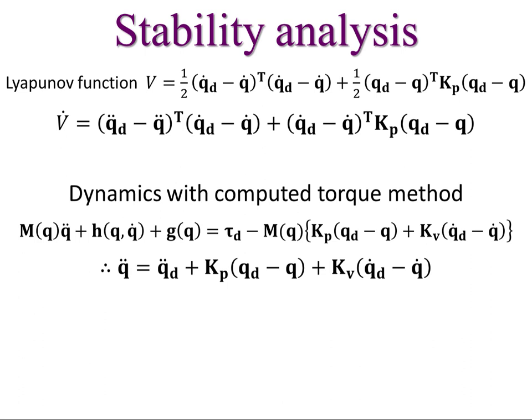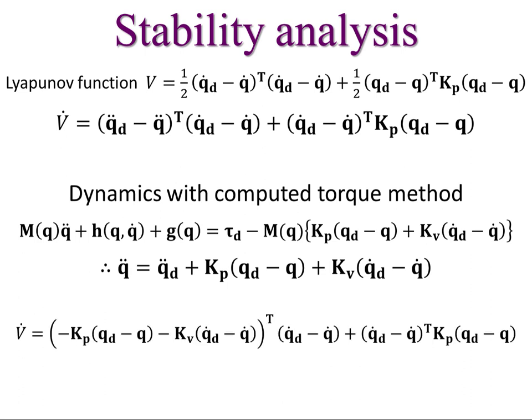The joint angular acceleration vector when we use the computed torque method is then obtained, and let's substitute this in the V dot equation. Then, qd2 dot cancel each other out, and V dot becomes this equation.